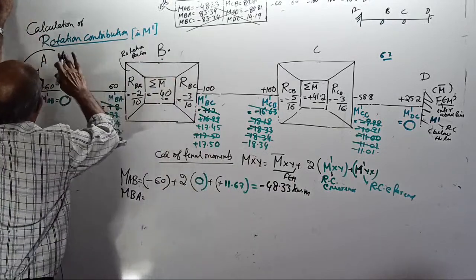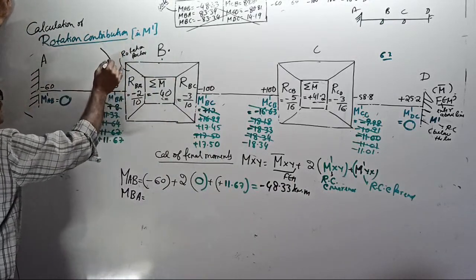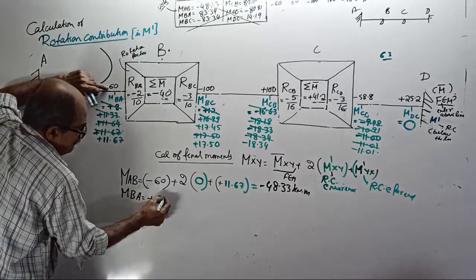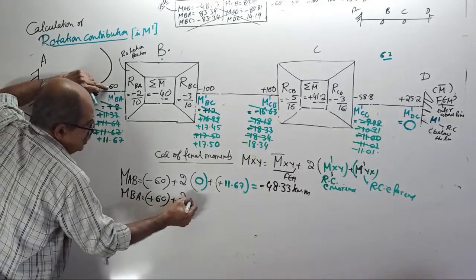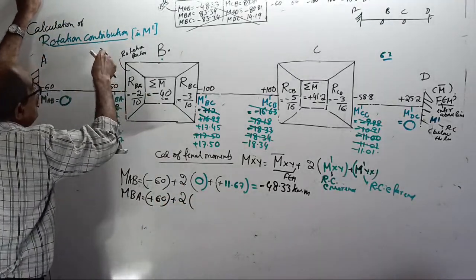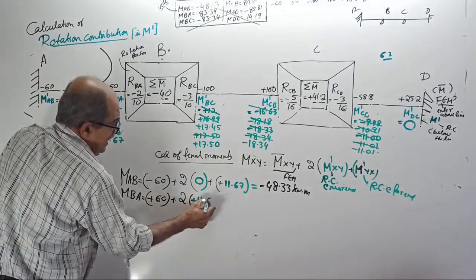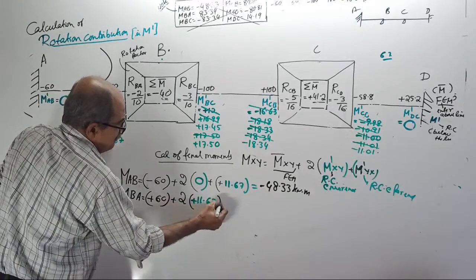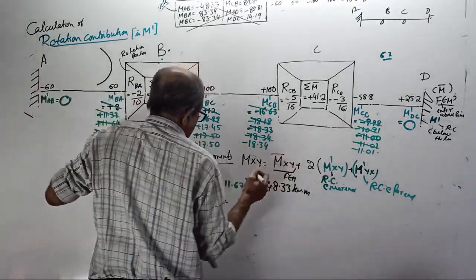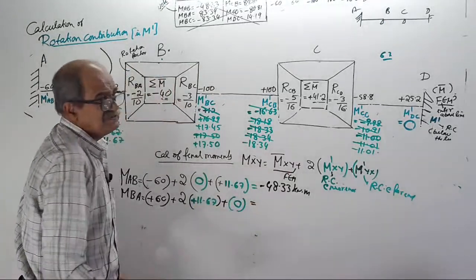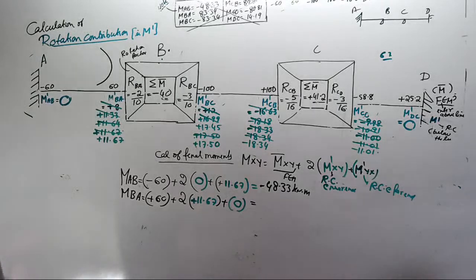MBA equal to, see, now I am doing this moment, MBA, the corresponding FEM plus 60 plus 2 times the contribution at B for BA plus 11.67 plus the far end contribution is 0. Tell the answer. MBA first. What is the answer you are getting today by Kani's method?